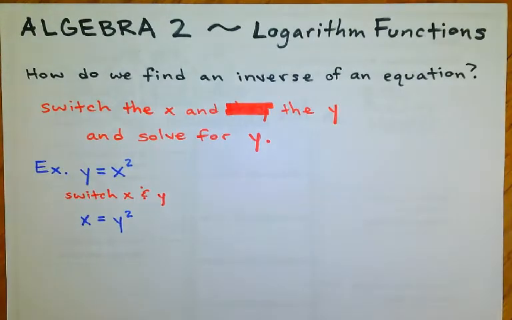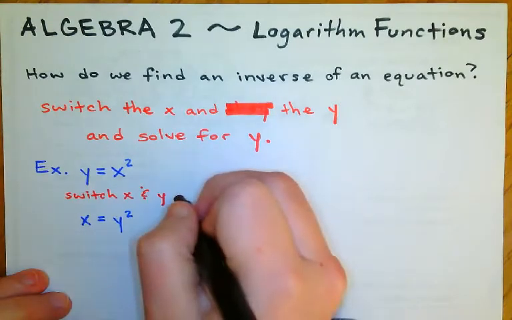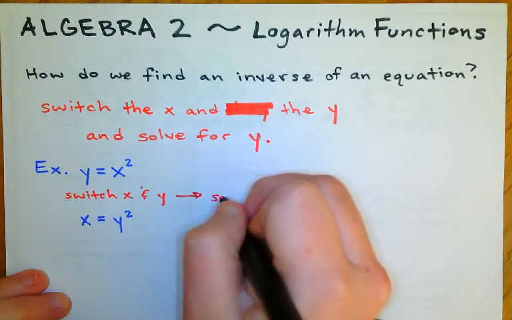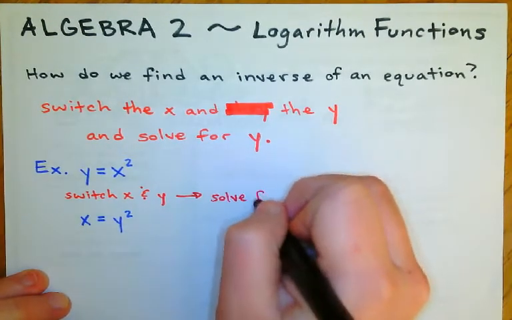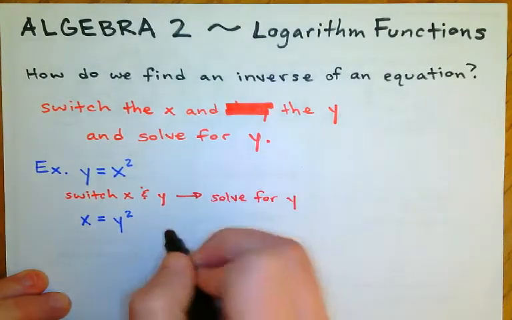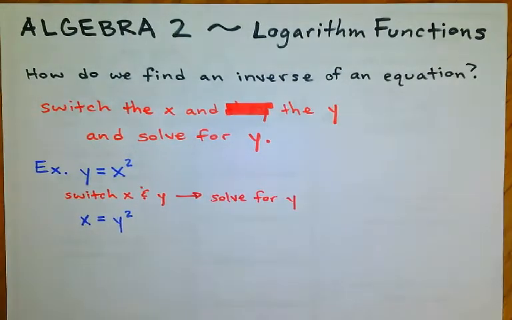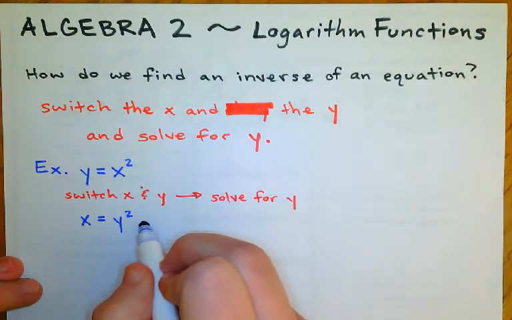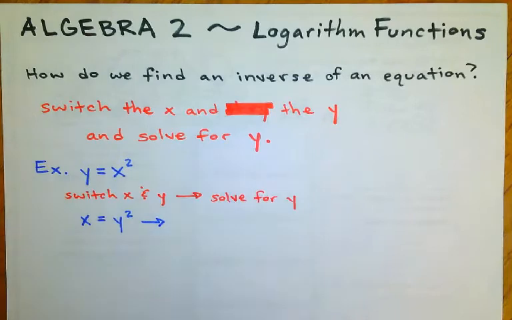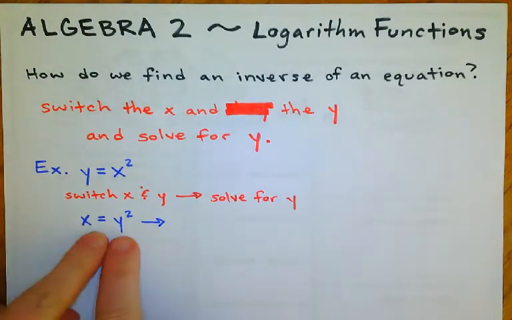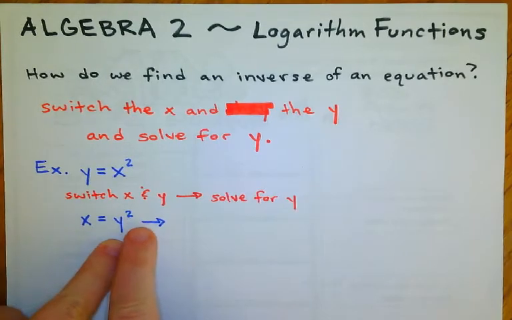And then we want to solve for y, meaning we want to get y all by itself. Well, to get y all by itself, what do we need to do? What's bugging the y right now? This squared. How do we undo a square? We take the square root.